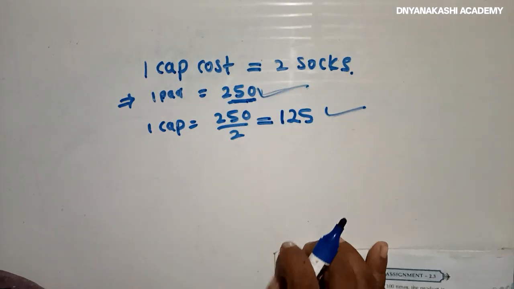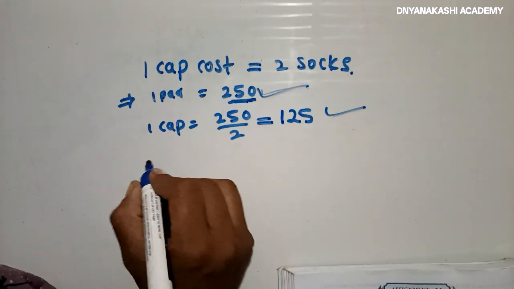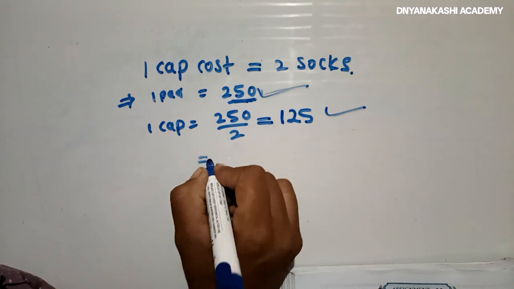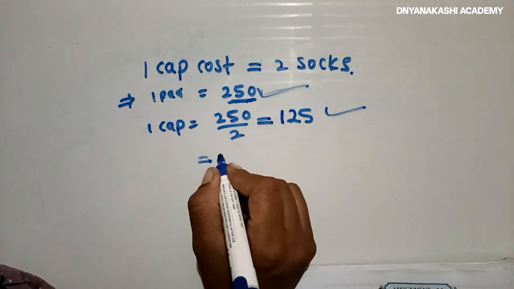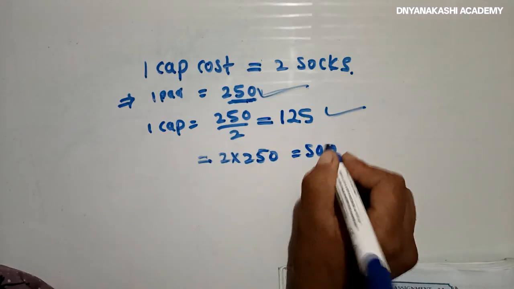What do we find out here? The cost of two pairs of socks, how much? One pair value is 250, so two pairs, 2 into 250, we get 500.